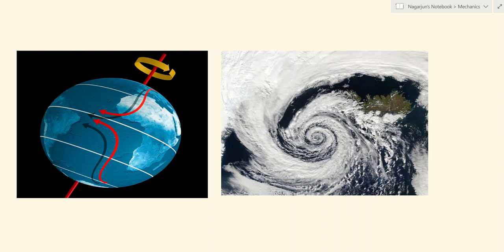We call them the northeasterly winds, the trade winds. So basically the Coriolis force is driving them in this direction. Similarly, the motion of cyclonic winds is also governed by the Coriolis force.